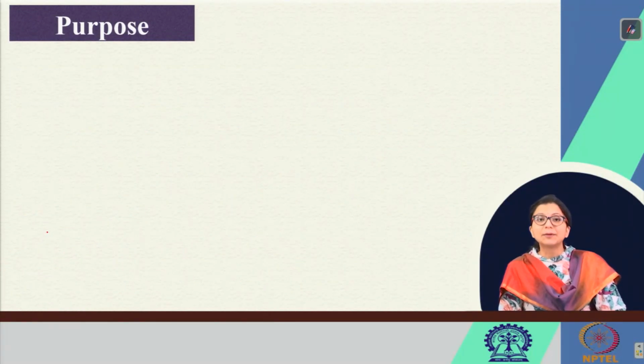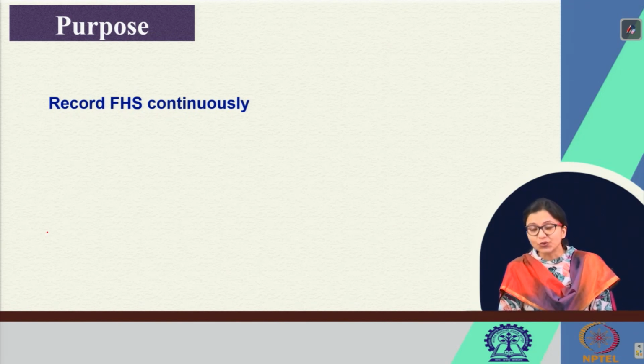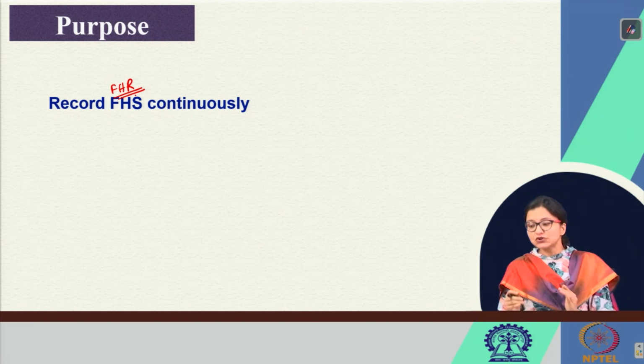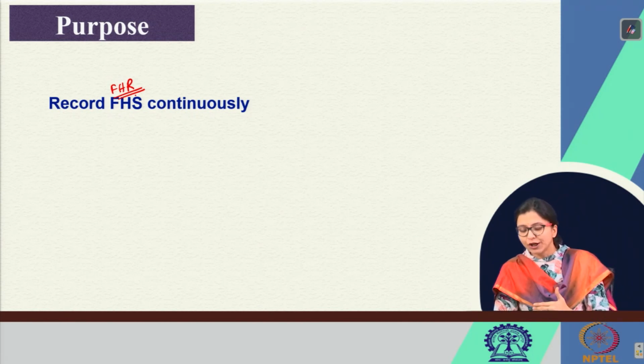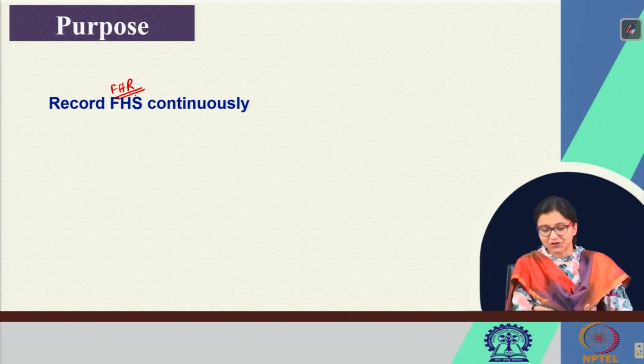Now, coming to the purpose of CTG. Actually, what is CTG doing? It is recording the fetal heart rate, to be precise, continuously. So, it helps to prevent unnecessary cesarean section.